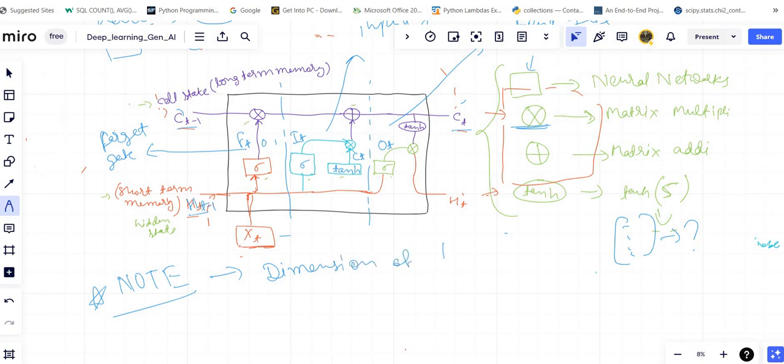The dimension of ht and ct will always be the same. The dimension will be the same, not the value. Meaning if ht has a dimension of 3 cross 1, then ct will also be 3 cross 1. And these all are vectors: ht, ct, xt.